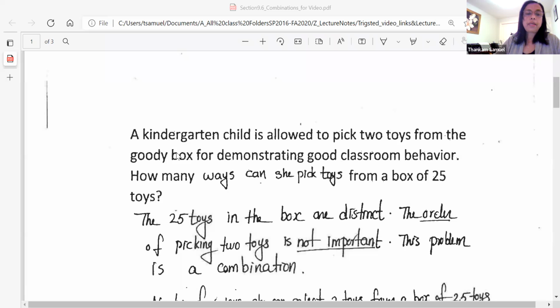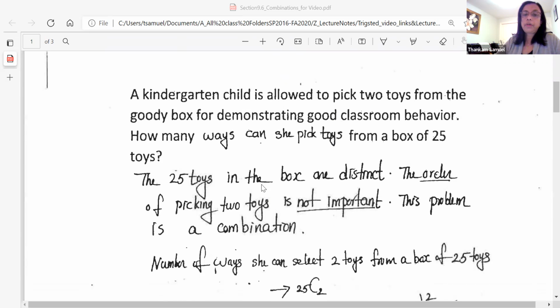So the first example is a kindergarten child is allowed to pick 2 toys from the goodie box for demonstrating good classroom behavior. How many ways can she pick toys from a box of 25 toys? You can see that the 25 toys in the box are distinct.